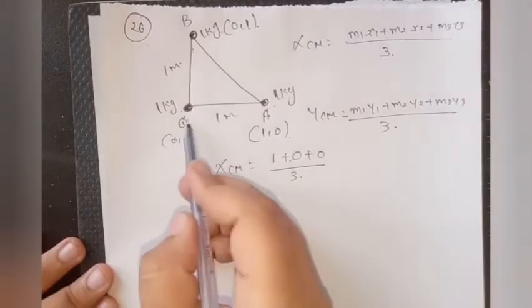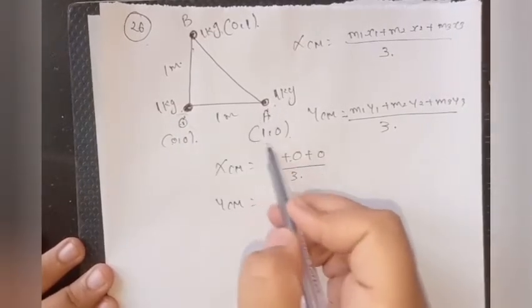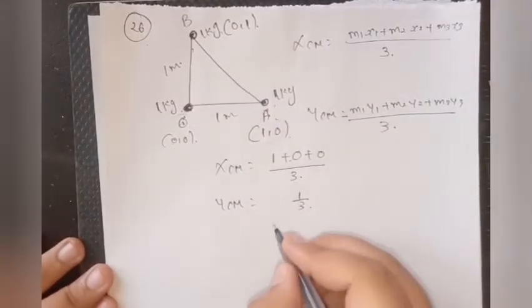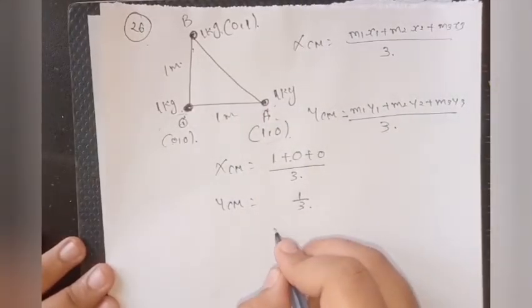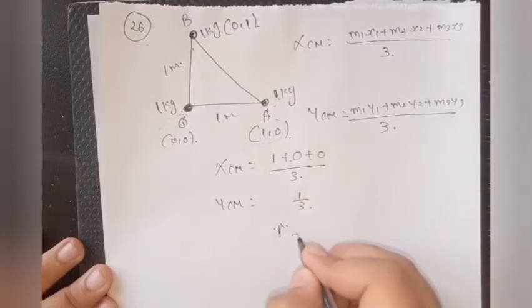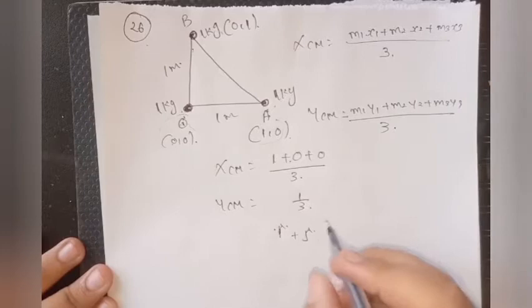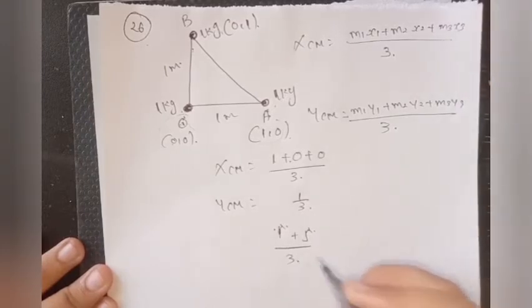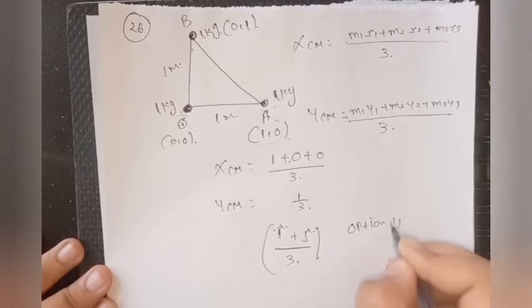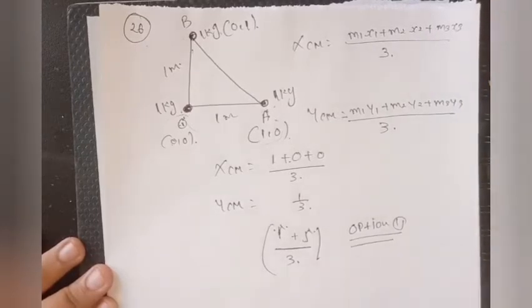For YCM, this component will be 0, this component will be 0, for this 1, divided by 3. So position vector of center of mass will be (i + j) divided by 3. So option 1 is correct option.